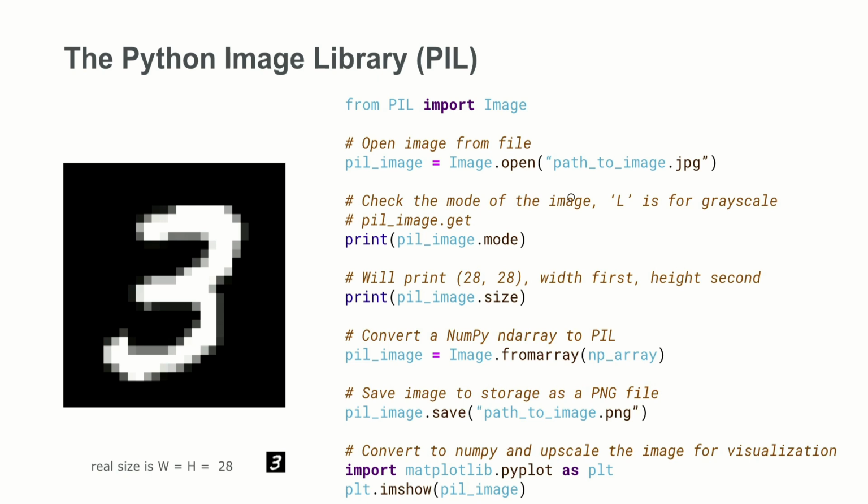If I want to see it upscaled, we're going to be using the last statement that you see in this slide. We're going to be using import matplotlib.pyplot as plt, which is going to convert this PIL image into a NumPy array. And this is something that is going to make it appear blown up. And you see here that we also have some utilities to convert from the NumPy array into a PIL image, Image.fromarray. It is something that we can use to convert this NumPy array that you'll see defined in the practical notebook into a PIL image.